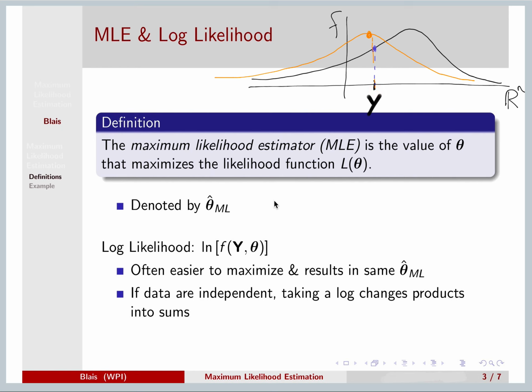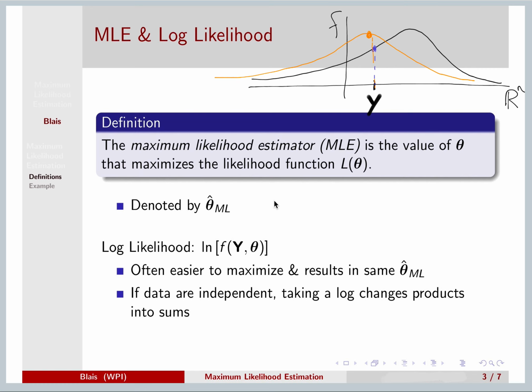Now, we are maximizing the likelihood function, which again is maximizing the density, but it's often much more convenient to take the log likelihood.